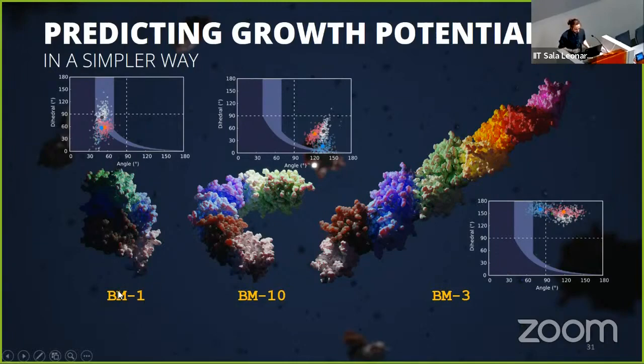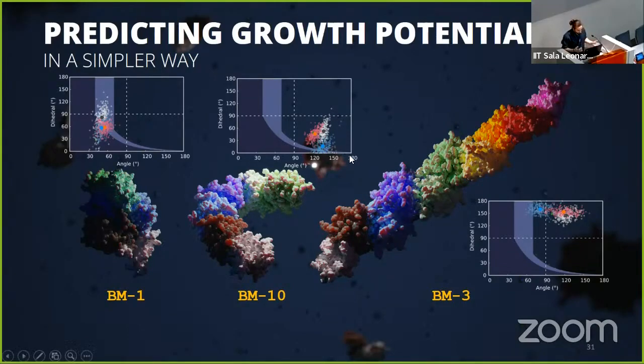On the other hand, for binding modes that have very wide dihedrals close to 180 degrees and angles over 90 degrees, we get this kind of linear growth, which has an unlimited potential.